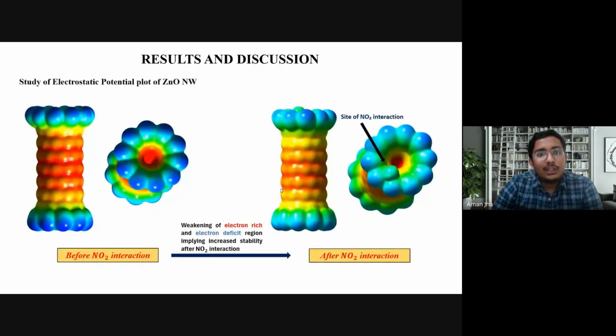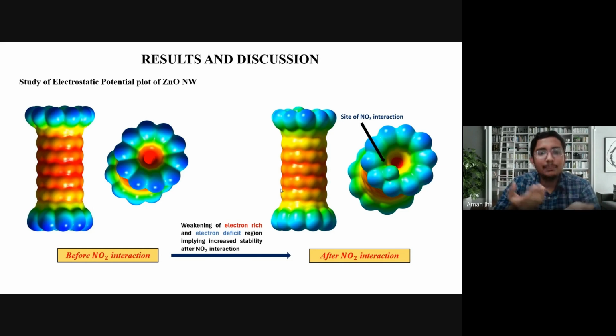Then we moved on to the electrostatic potential plot of the zinc oxide nanowire. Before NO2 interaction, we saw that in the middle section of the nanowire, we can see a rich red region. Here, red represents electron-rich regions and blue represents electron-deficit regions. We can see a clear demarcation between those two regions. It's because the top and the bottom surface of a nanowire is the place where the gas is going to be adsorbed.